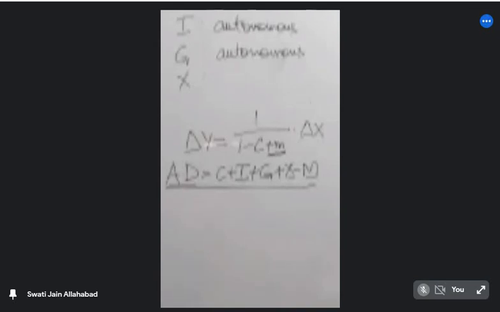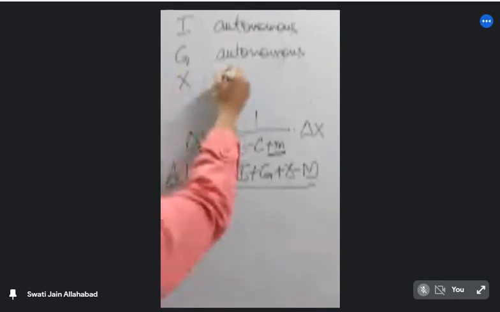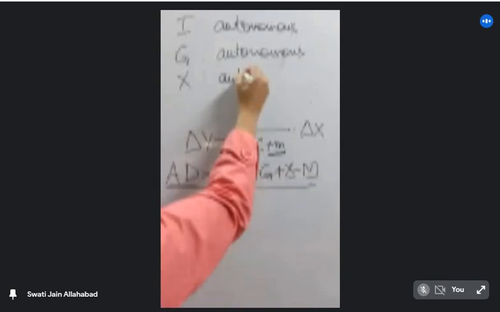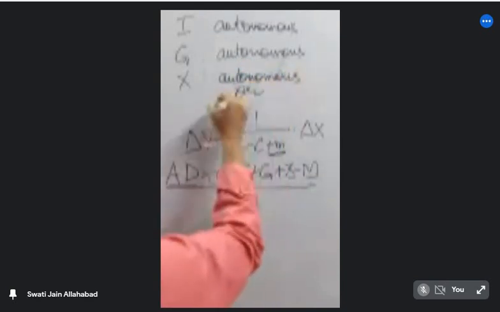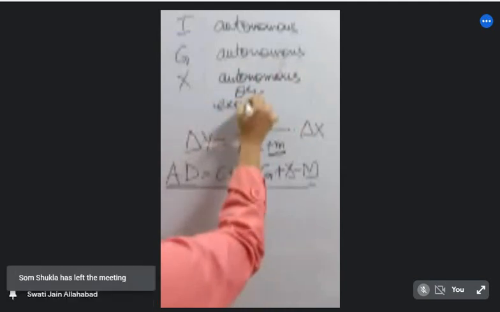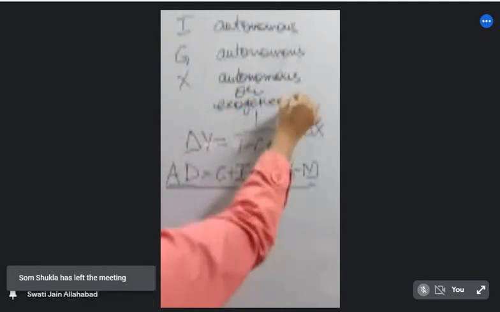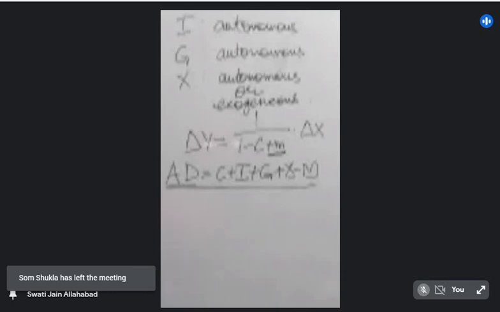That is why export is autonomous or exogenous. If export is autonomous or exogenous, there must be some variables on which exports depend.